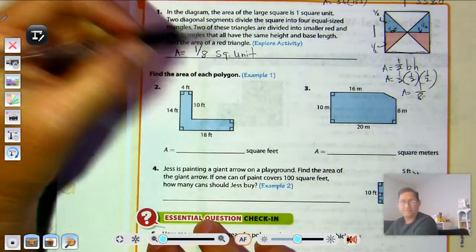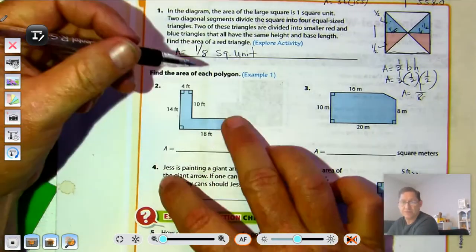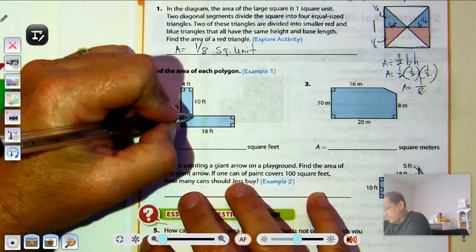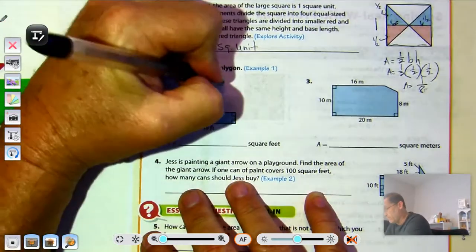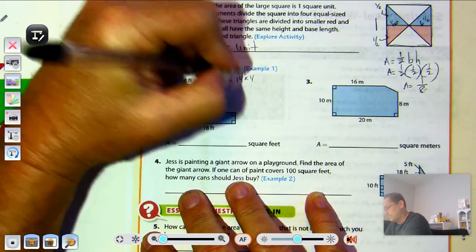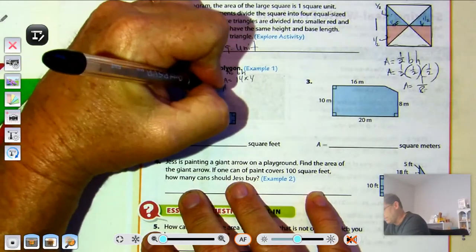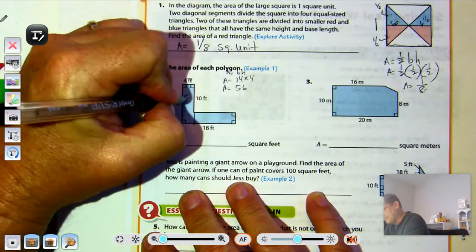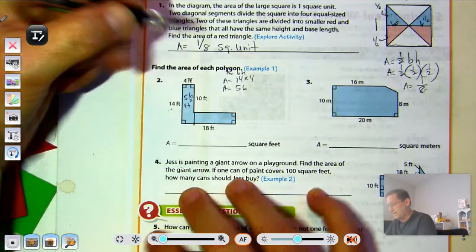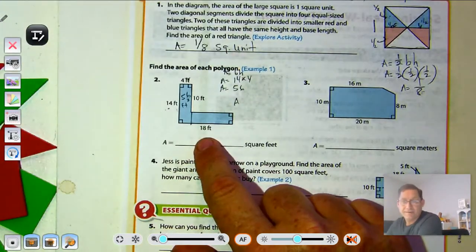You could find the area of the whole thing if it was complete and then subtract the missing piece. I'm just going to go ahead and break it like this and go 14 times 4. Okay, so this piece is 14 times 4, which is 56 square feet. And then we have this small piece. This skinnier rectangle. It's not 18.